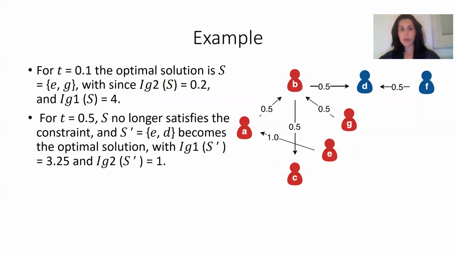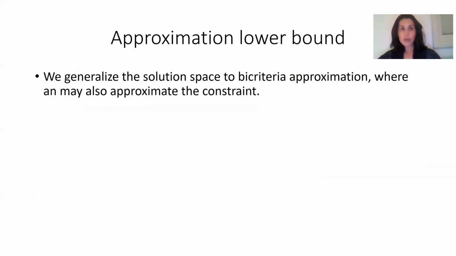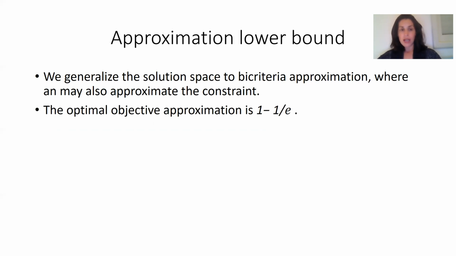Setting T with a higher value, 0.5, S no longer satisfies the constraint, and the solution E and D becomes the optimal solution, where the influence over the red nodes reduces to 3.25 and the influence over the blue nodes increases to 1. We generalize the solution space to better the optimization, where one may also approximate the constraint.